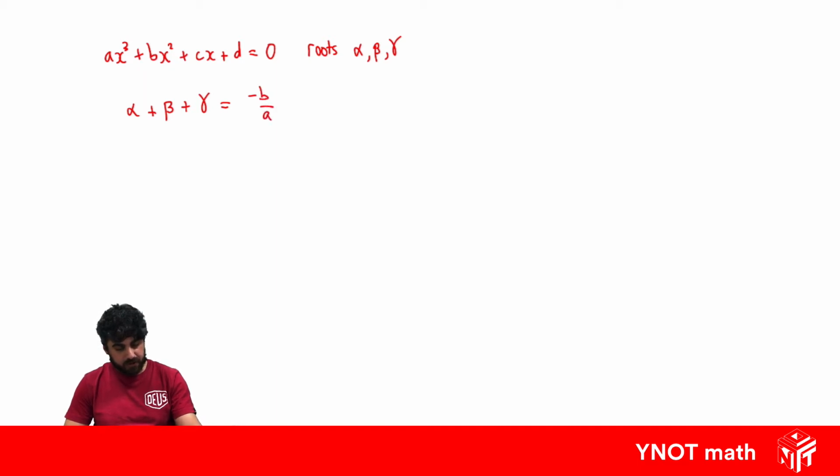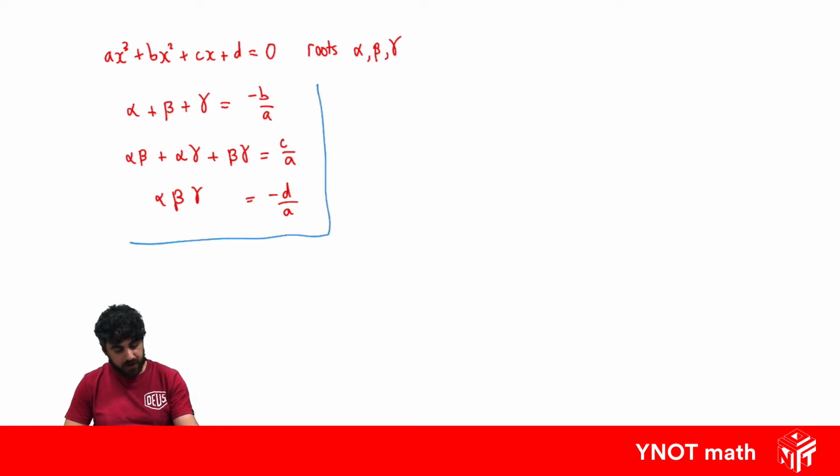We have the result that alpha beta plus alpha gamma plus beta gamma equals c over a. Then we have the result that alpha beta gamma equals minus d over a. And all of these results are for our cubic equation.